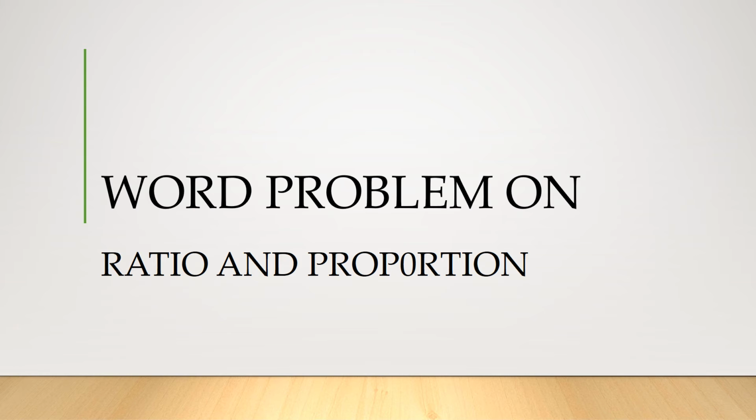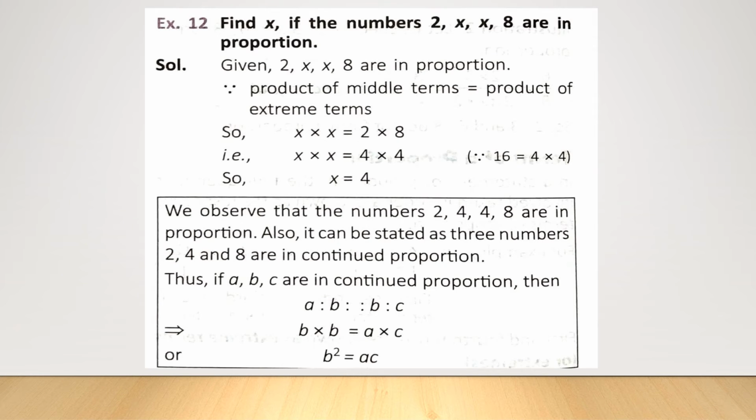Now let us see some word problems on ratio and proportion. Another example: find x if the numbers 2x, x, 8 are in proportion. Given that they are in proportion, the product of extremes is equal to the product of means.